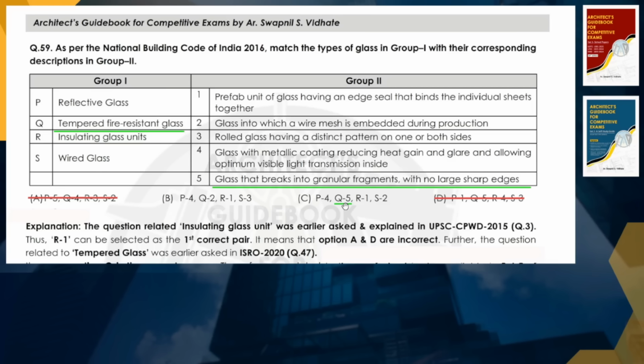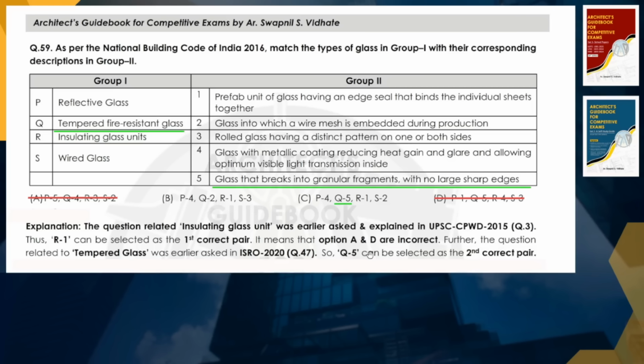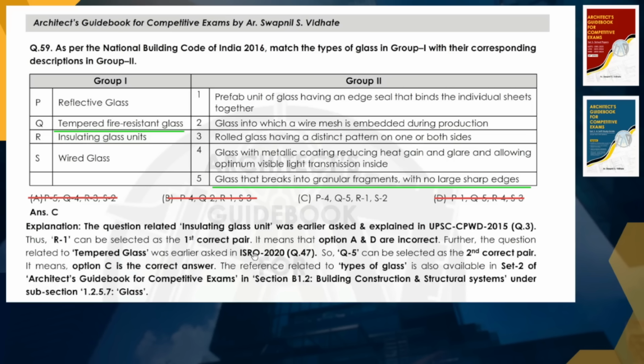So option B will also be the incorrect one, right? So you can select option C as the correct answer. Further, the reference related to all these types of glass and their respective descriptions was also there in set 2 of Architect's Guidebook, under section B 1.2, under the heading of building construction and structural system, and under the subsection 1.2.5.7 glass.